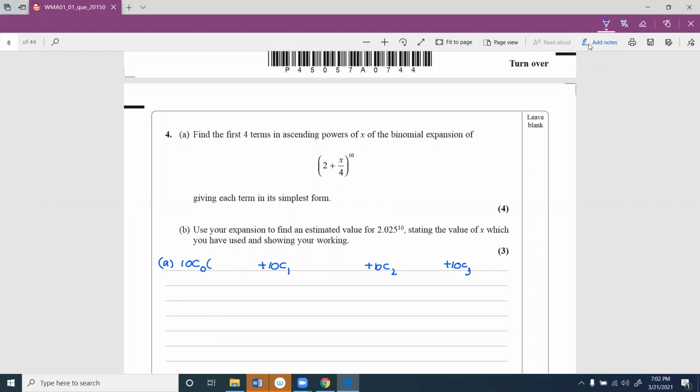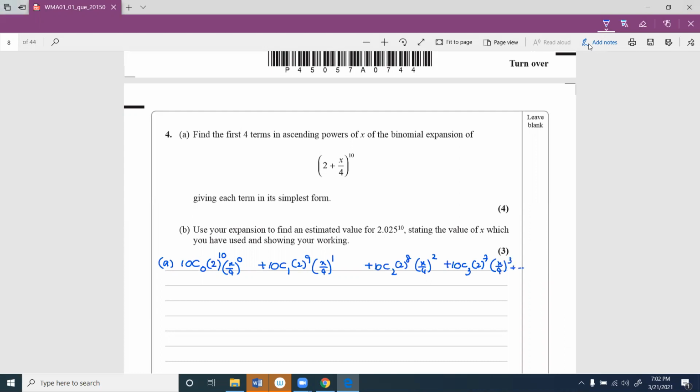Therefore, you have to descend the power of the other term starting from its highest power: 2 to the power 9, 2 to the power 8, 2 to the power 7. Then the other one is (x/4) to the power 0 ascending, (x/4) to the power 1, (x/4) to the power 2, (x/4) to the power 3.